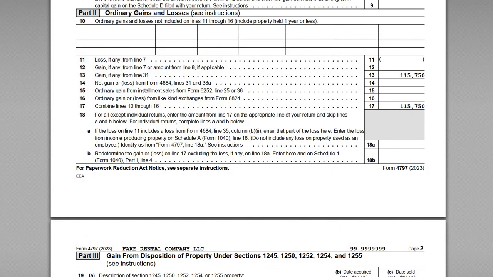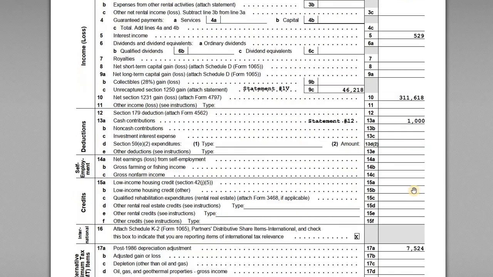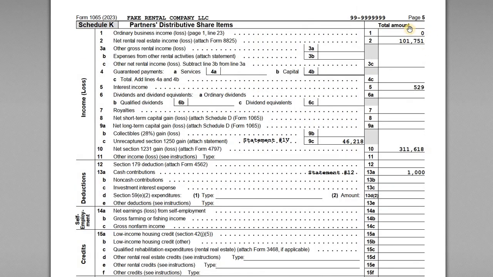So if we go back to the K1, there's our $46,218 figure. All right, so those are the big ones, right? So the ordinary gain is in there, the 1231 gain is on line 10, and then the $46,218, the unrecaptured 1250, is on line 9C.